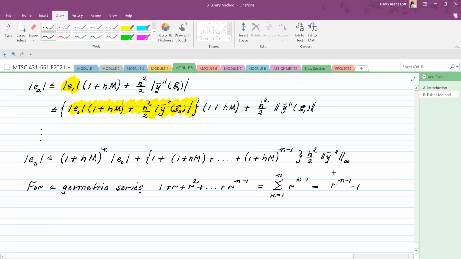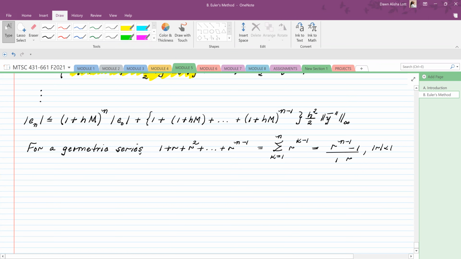is equal to R to the n minus 1, over 1 minus R, provided the absolute value of R is strictly less than 1.